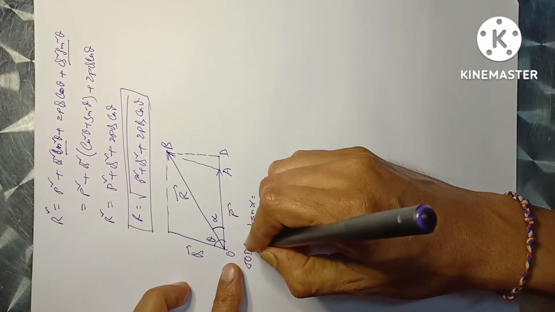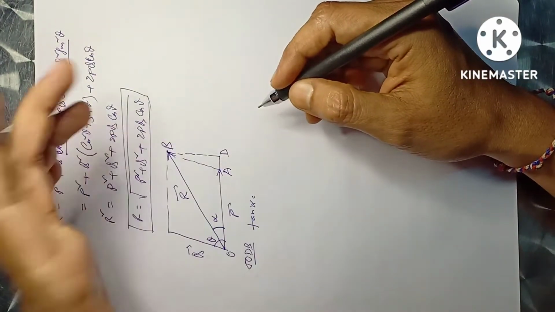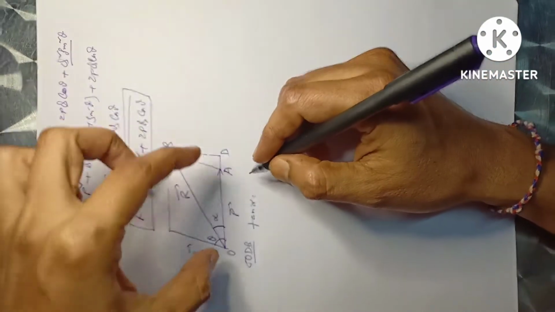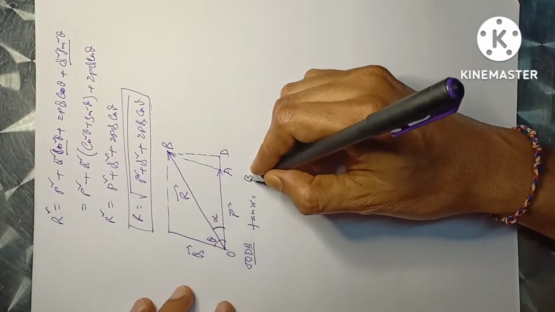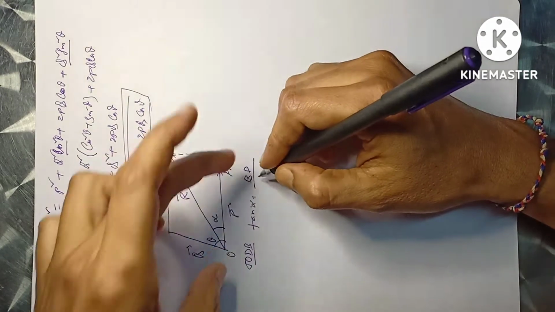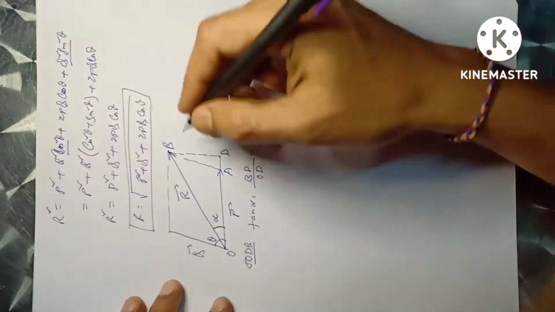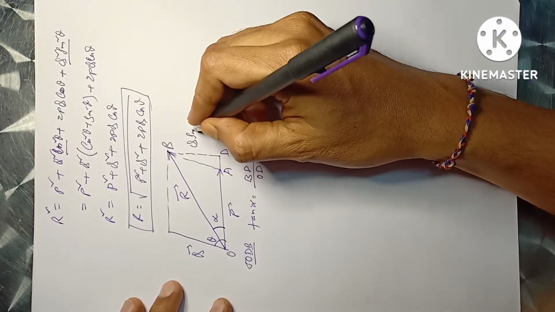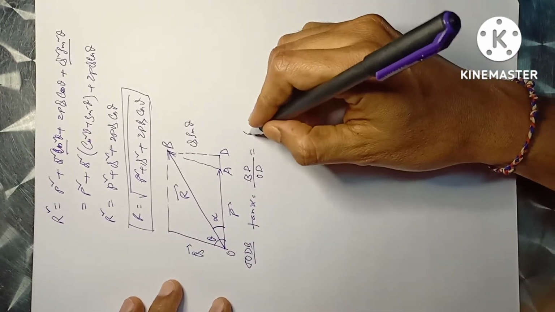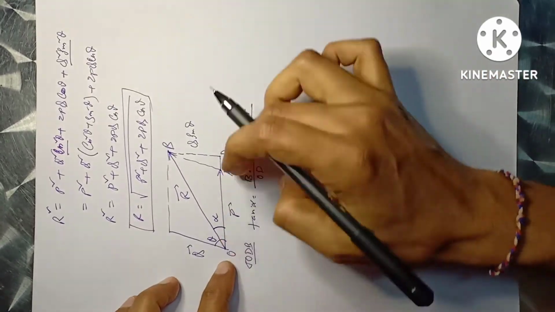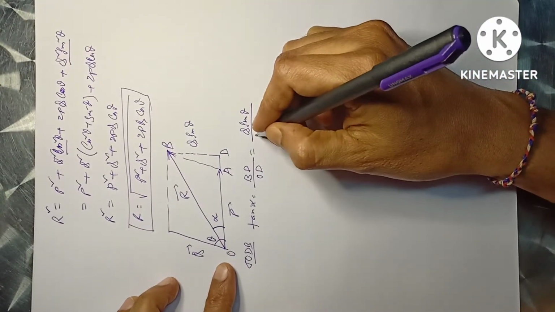From this ODB right angle triangle, tan alpha equal to perpendicular BD divided by base OD. So BD we have already calculated as Q sin theta, divided by OD, OA plus AD.